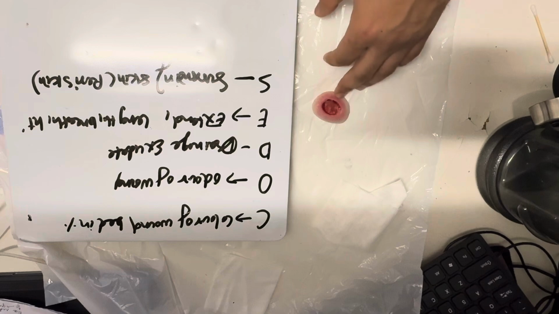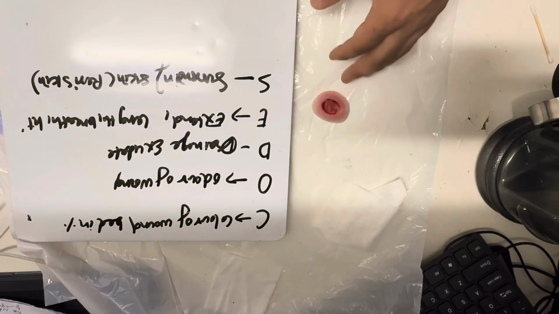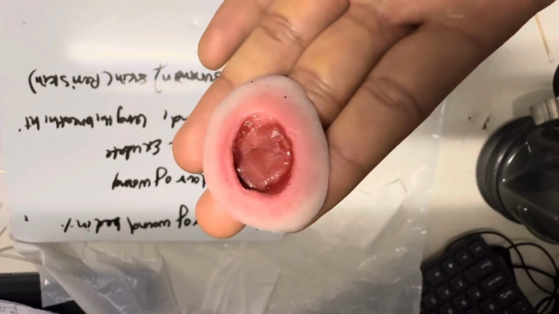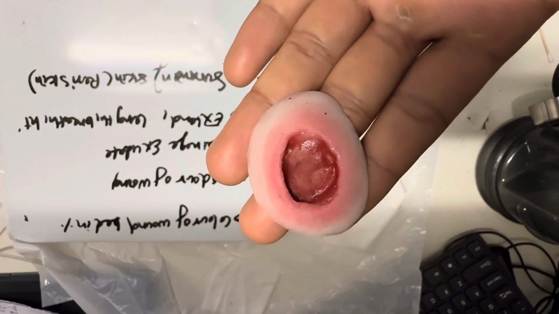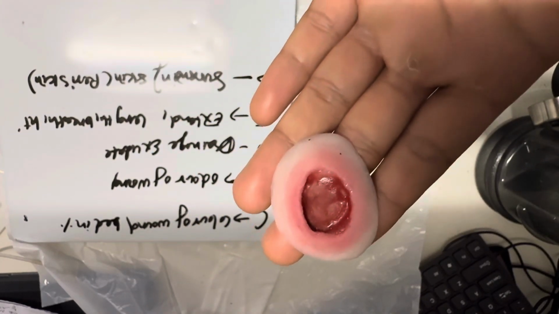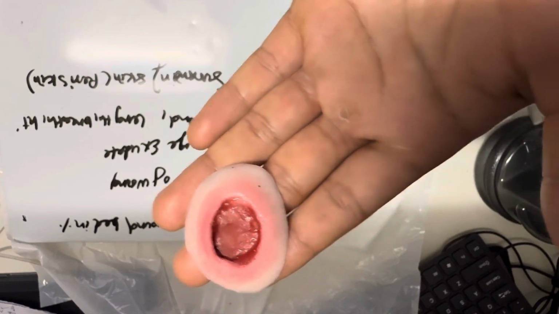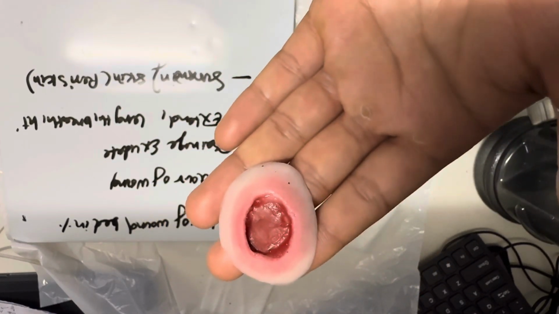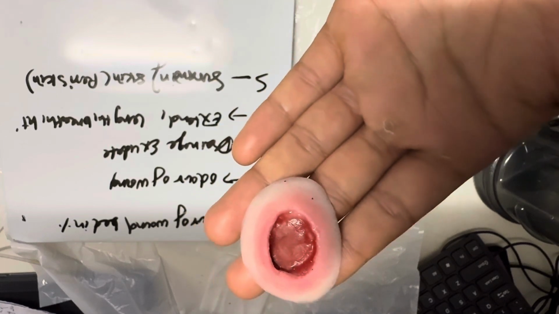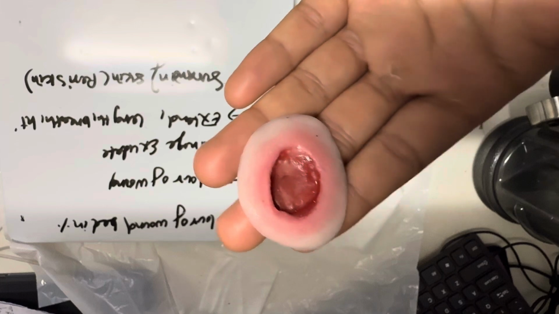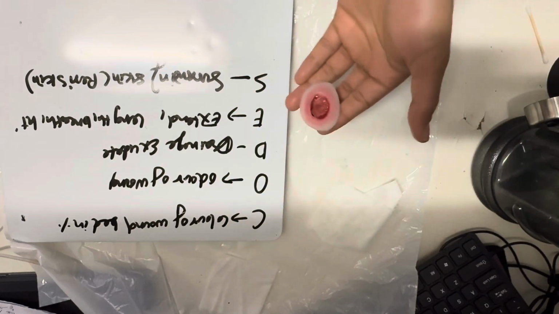Serous is clear and watery, like water. In my wound it is really shiny, but there isn't any serous. Serosanguineous is pink or light, blood and fluid mixed. Sanguineous is mostly blood, which is bright red. Purulent is thick and cloudy, indicating infection, made up of dead white blood cells, which is bad for the wound, of course.